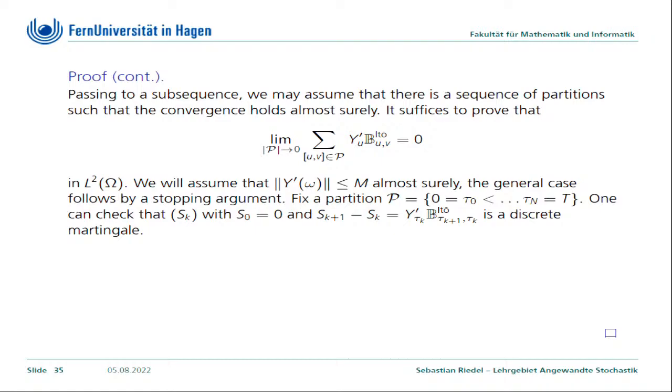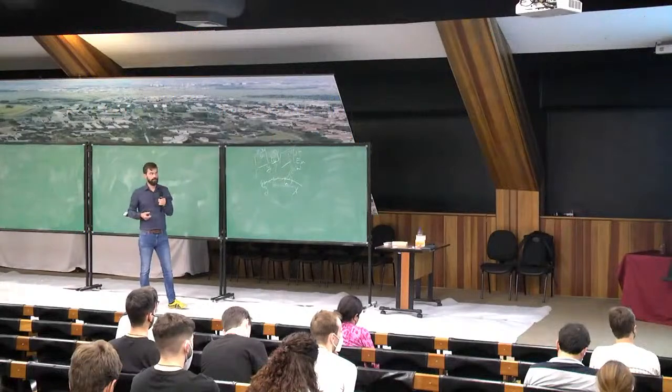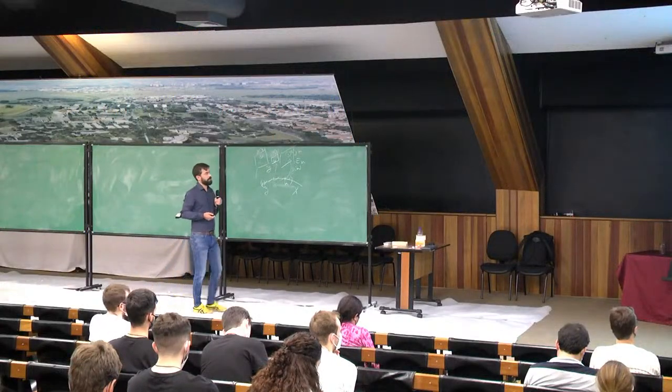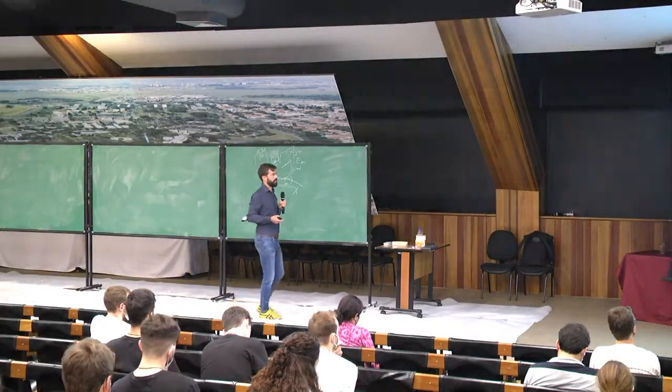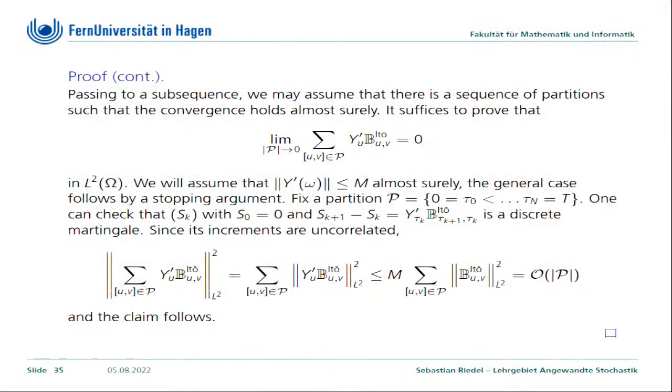But here you really need Ito. For Stratonovich, it would not work here. So for a discrete martingale, you know that the increments are uncorrelated, and this you use in this step here. So we take the L2 norm squared.